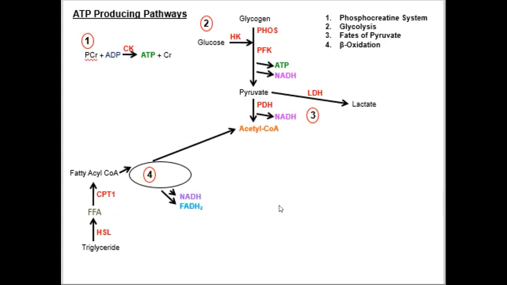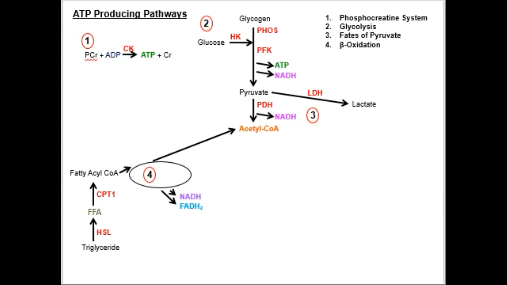Those free fatty acids were then transported into the mitochondria and activated and converted into this fatty acyl-CoA molecule. And then that fatty acyl-CoA molecule is gonna undergo beta oxidation, where we're gonna produce this acetyl-CoA, as well as NADH and FADH2 molecules.